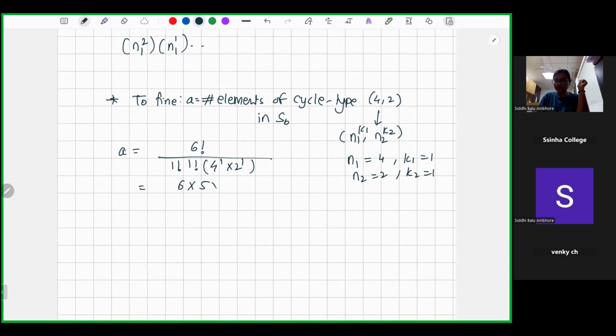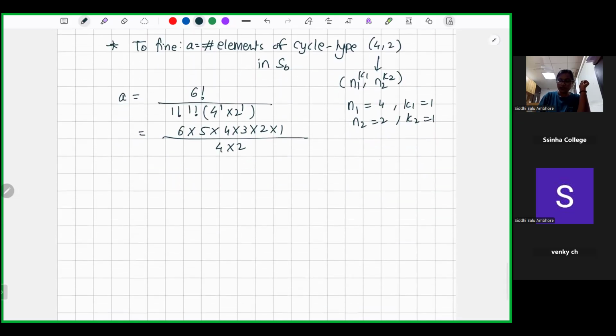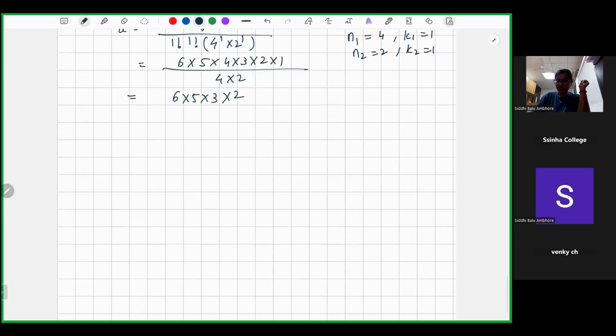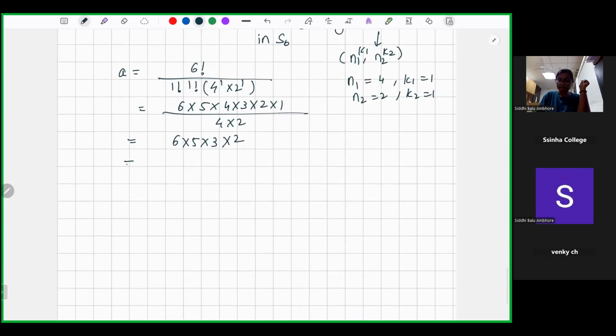So let me write this. 4, 3, 2, 1 divided by 4 into 2. And this is 6, 5, 3 into 2, and sorry, yeah, 6 into 5 into 3, that is 90.